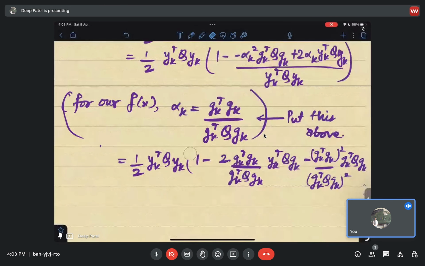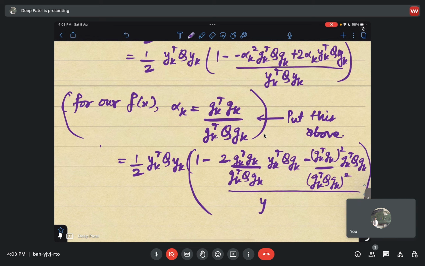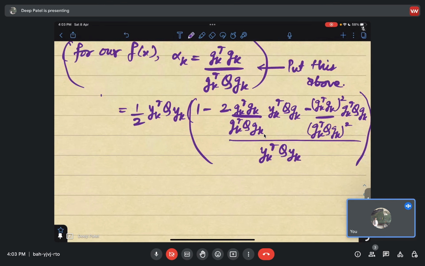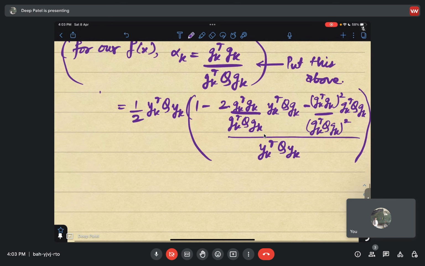You can see it immediately becomes clunkier, but in a few steps it will simplify a bit. So far I just did one change, which is I substituted the exact line search, the alpha k that we get from exact line search. And just an aside, yk is xk minus x star.